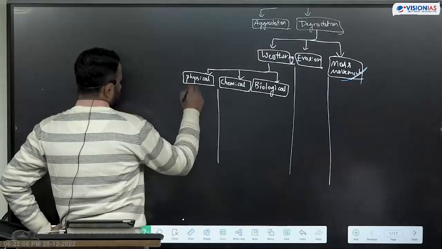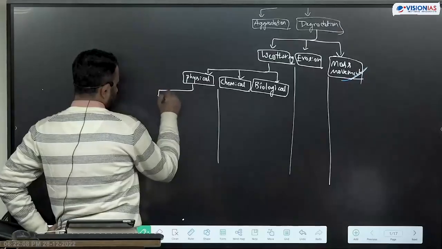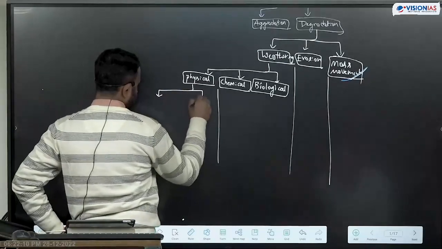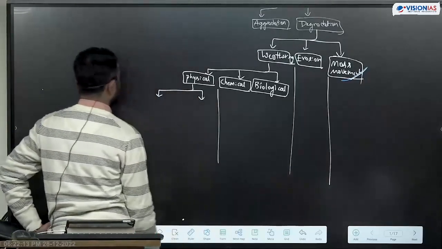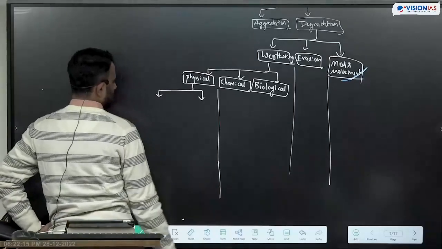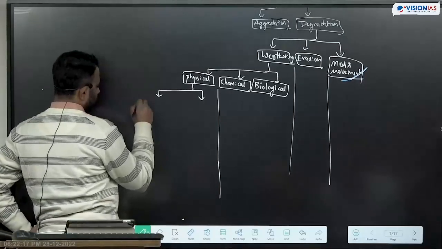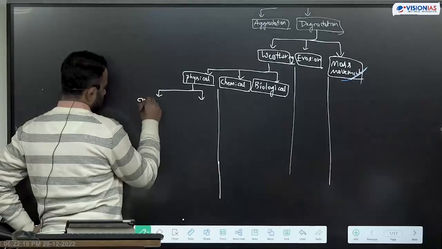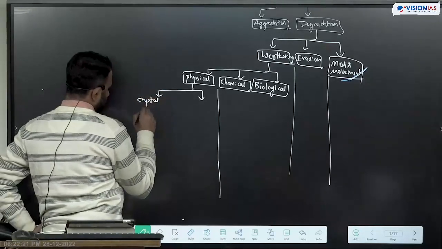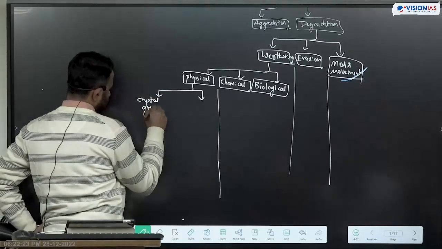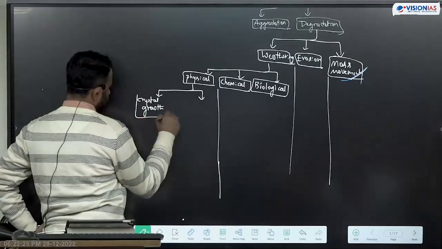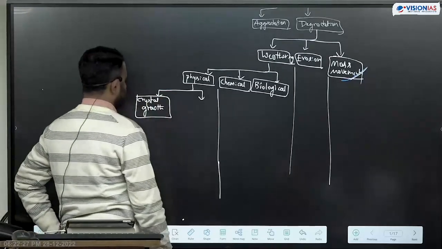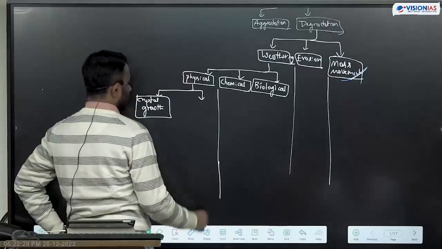So physical weathering, they are classified into two categories. The first category is called as crystal growth.